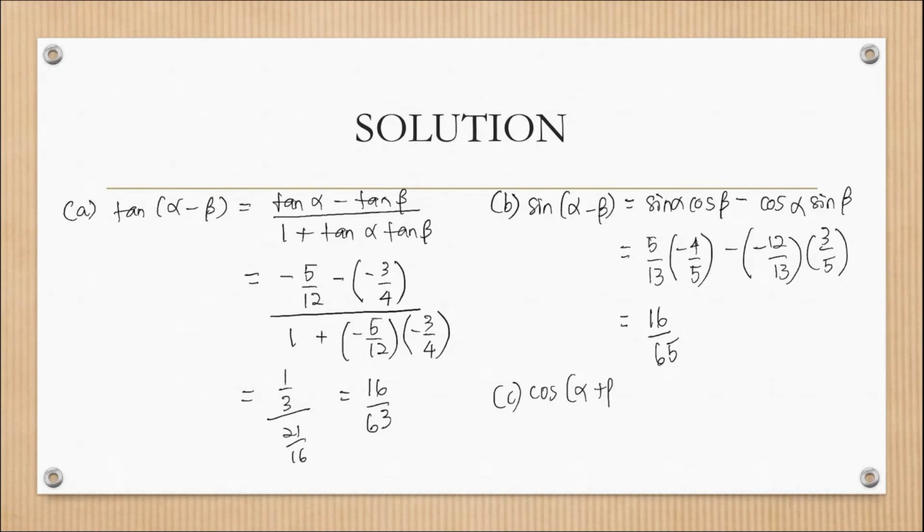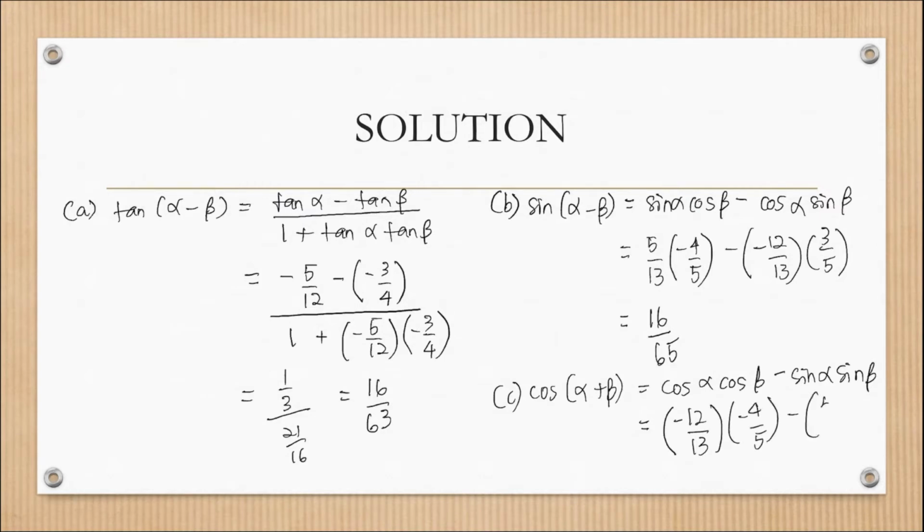And for C, cos alpha plus beta, use compound angle formula, cos alpha cos beta minus sin alpha sin beta. Substitute the value, negative 12 per 13 times negative 4 per 5 minus 5 per 13 times 3 per 5.